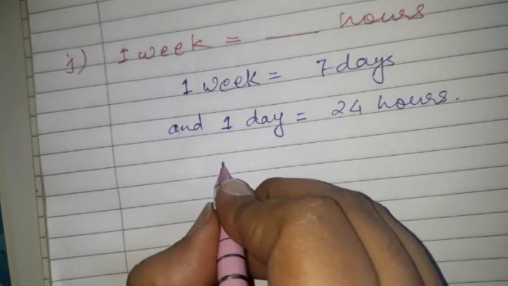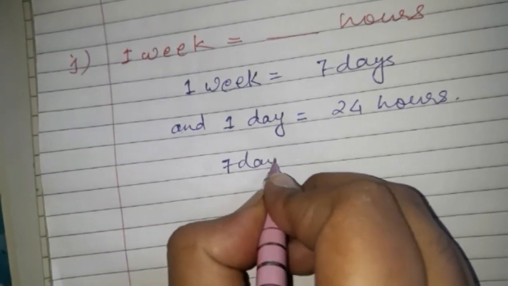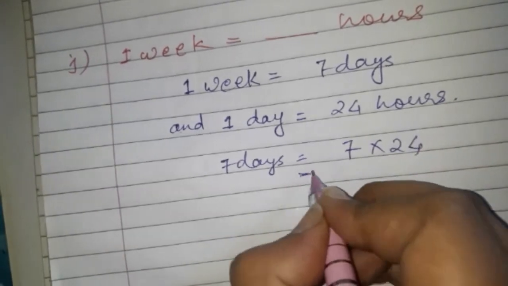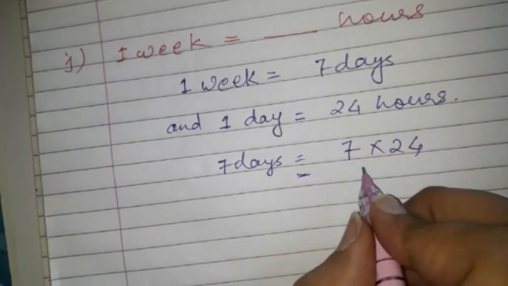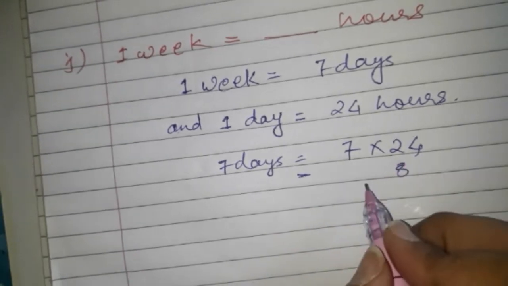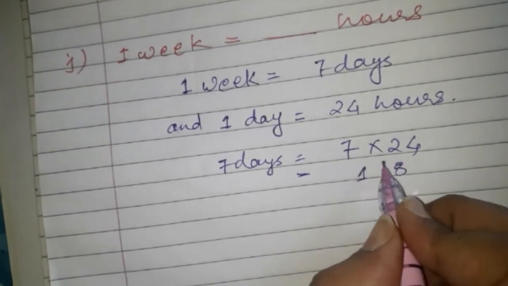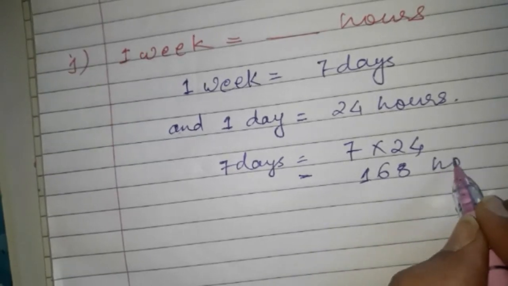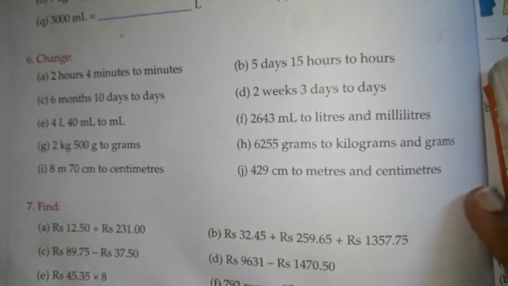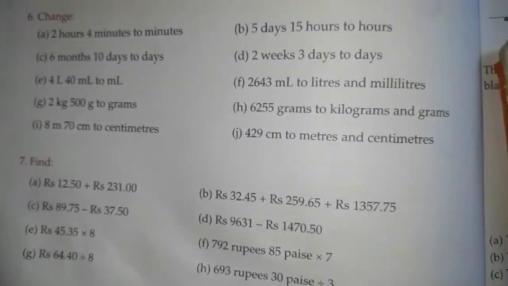In the same way, 7 days will have 7 into 24. We'll multiply. 7 4s are 28 and 7 2s are 14 plus 2 is 16, 168 hours.